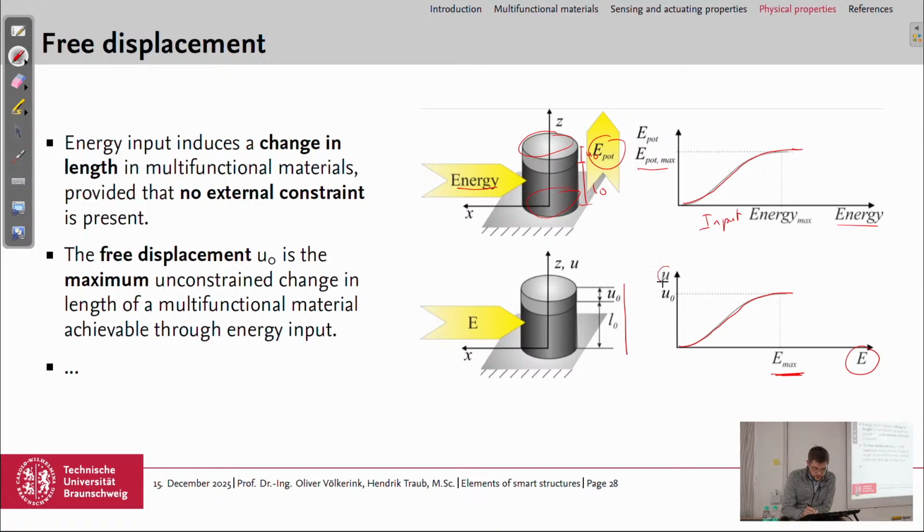So we have the displacement U. Here's the free displacement U0, and if we would increase the electric field more, the displacement would not further increase. And if we have an electric field which is too large, then it would also destroy the piezoceramic effect, and we lose the polarization or have an electrical breakdown.